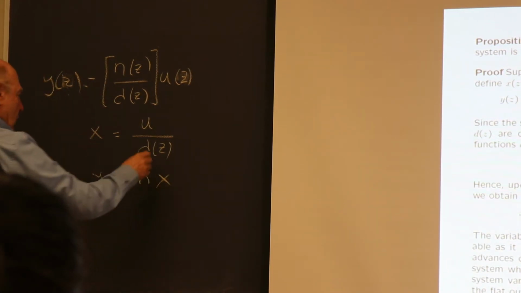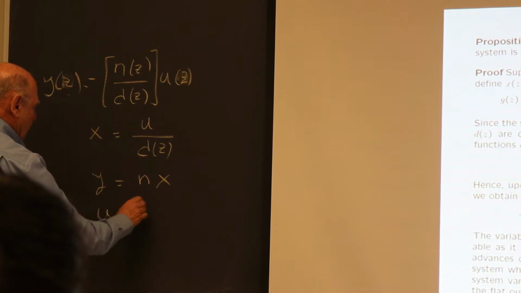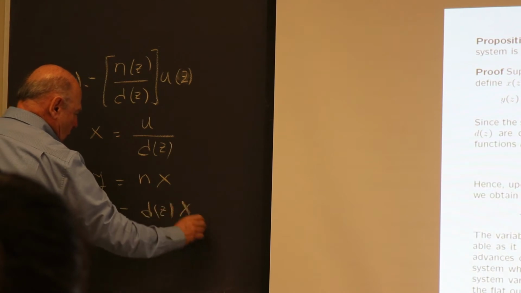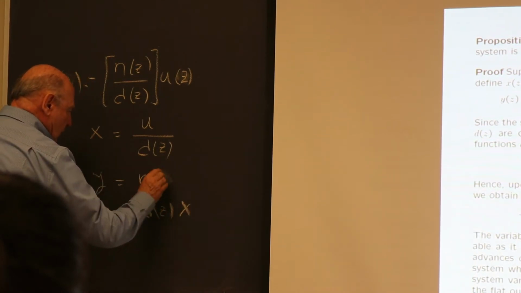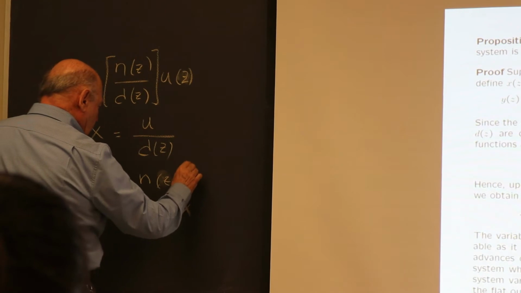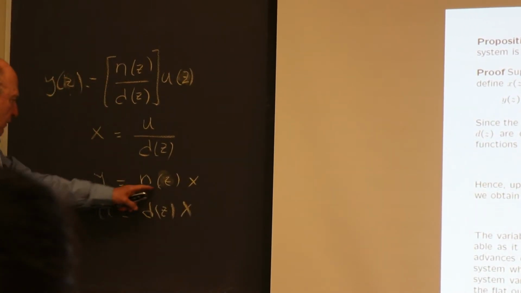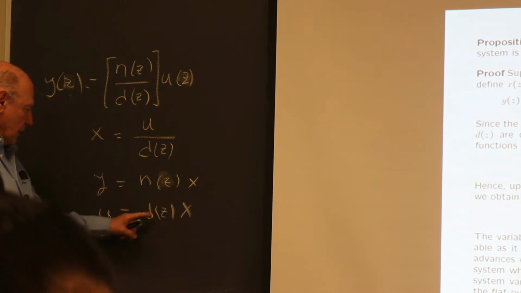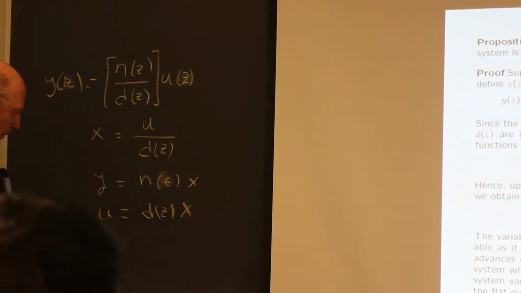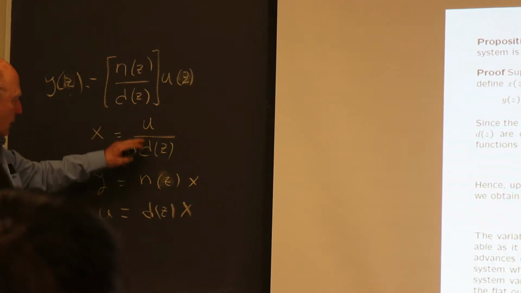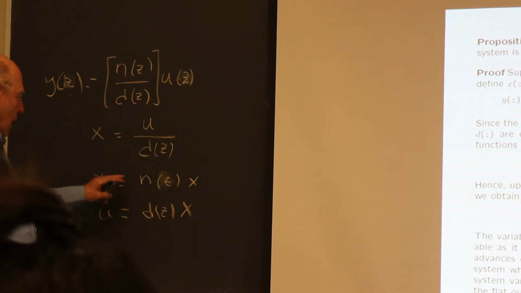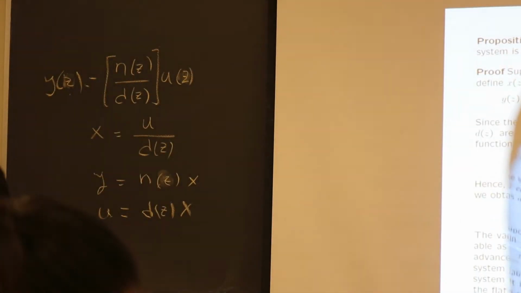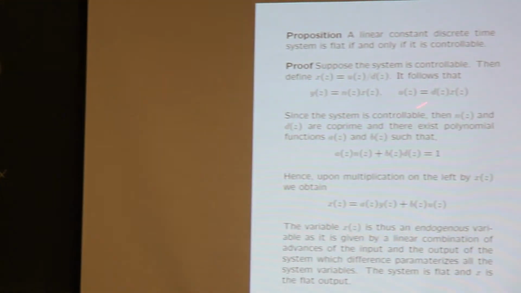So x is a particular variable which can define the inputs and the outputs in terms of advances of the flat output, and the control can also be expressed as a difference function of the flat output. So undoubtedly this is a representation of the dynamics of the flat output, and x itself will be the flat output. That is pretty much the same as what we had in continuous time.